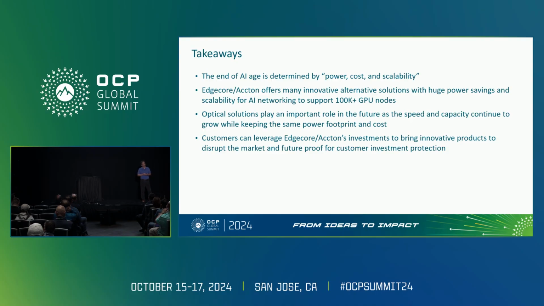So what's the takeaway of today's presentation? The end of the AI age is determined by power, cost, and scalability. Today, using Tomahawk 5 or Jericho Ramon 3, you can scale the CPU and GPU to 16,000 or 32,000.